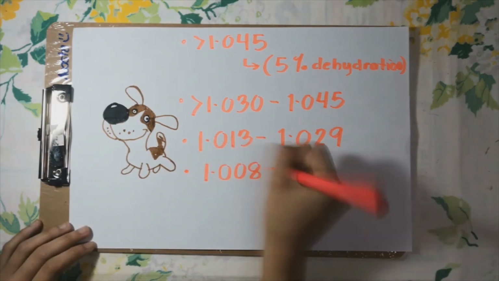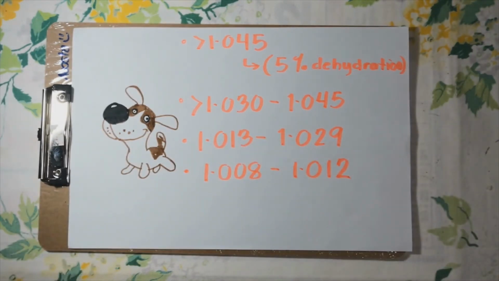A specific gravity of 1.008 to 1.012 is isosthenuric, meaning that no urine concentration has occurred, in which the specific gravity is equal to that of plasma. This value may be normal if no stimulus to concentrate is present, and if a stimulus to concentrate such as dehydration or azotemia of pre-renal or renal origin is present, values in this range are definitely abnormal.